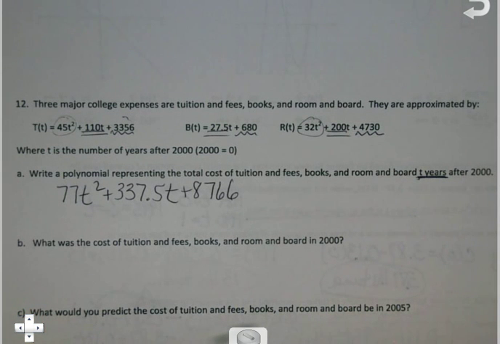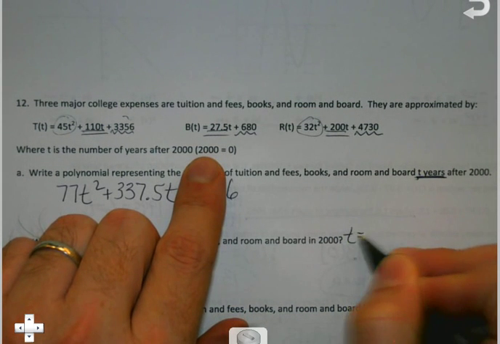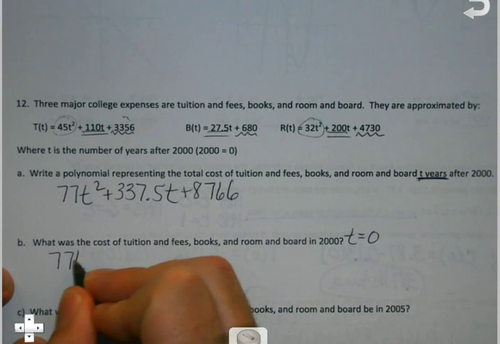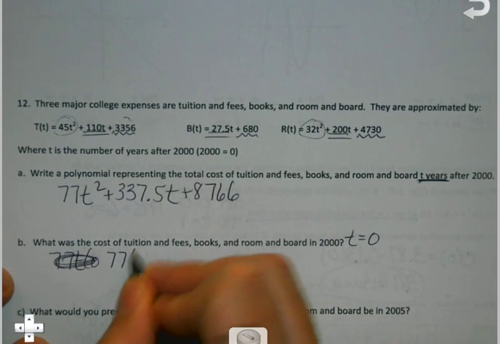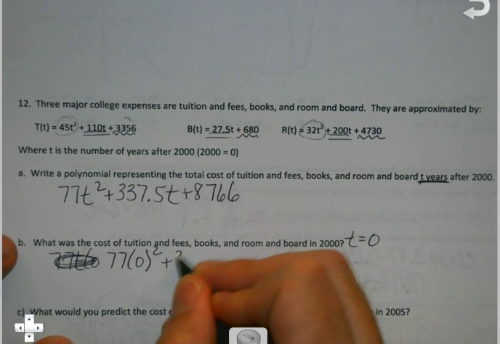So for instance, okay, what was the cost of tuition, fees, books, and room and board in 2000? Well, again, 2000 is my base year. So I'm going to plug in 0 for t. Oops. Not that way, I was not replacing t. That's not the way to do it. That was a good example of how not to do this problem.